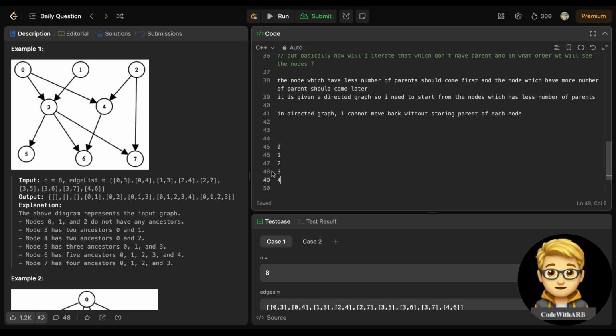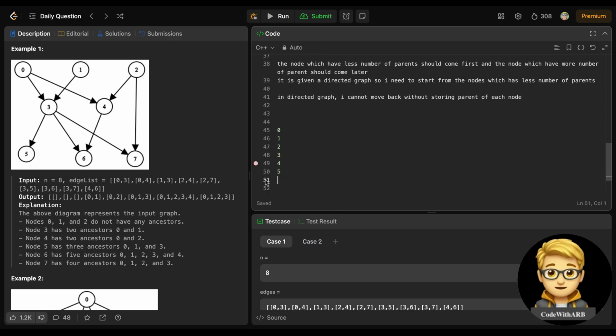After these, which nodes should come next? 5, 6 and 7.